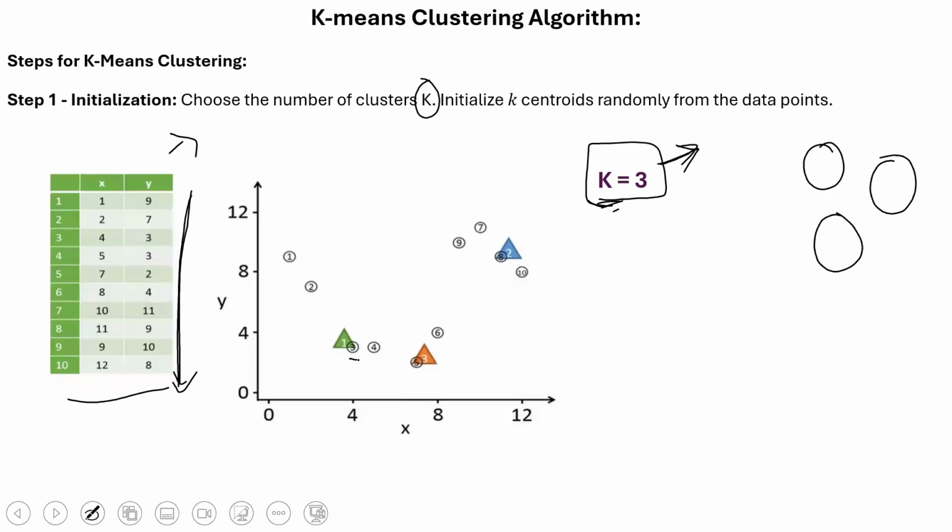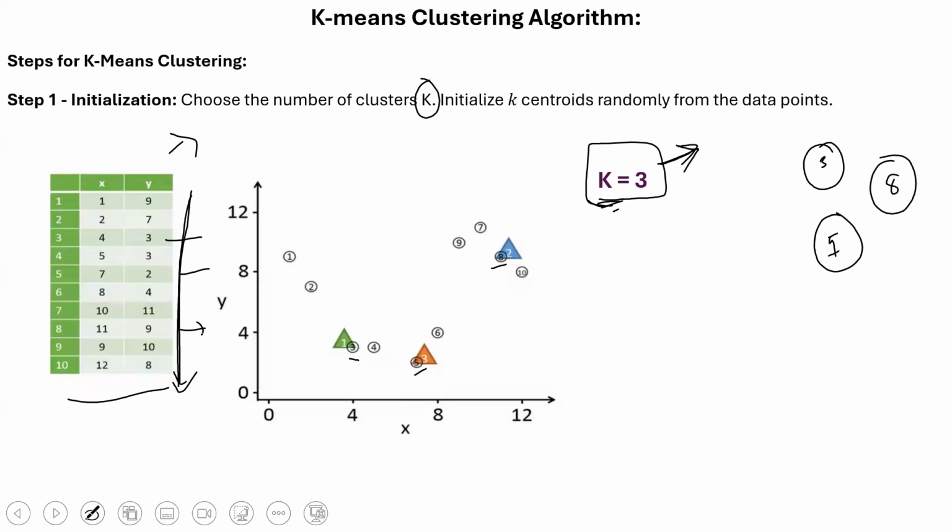I randomly pick points 3, 5, and 8, and I assume these as the centroids of the three different clusters. They don't necessarily need to be the true centroids, but when you iterate through multiple iterations of this algorithm, the right centroids will be found.